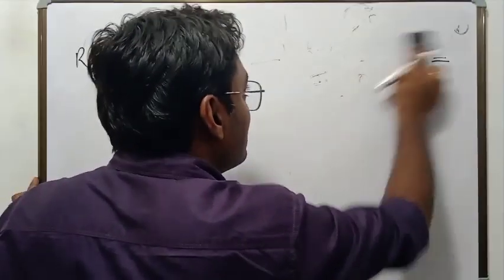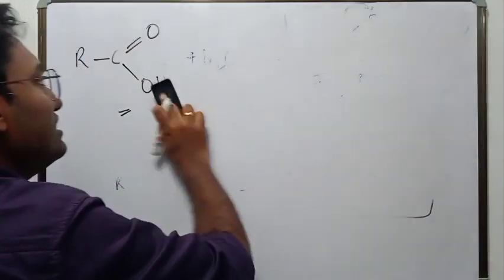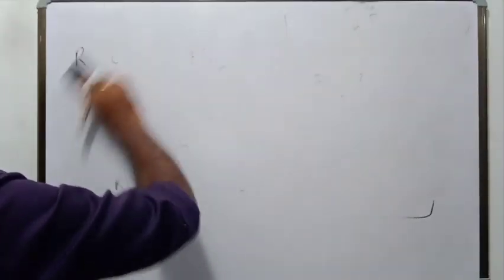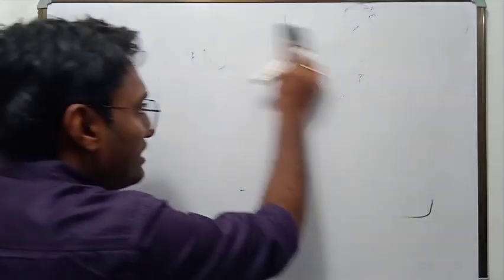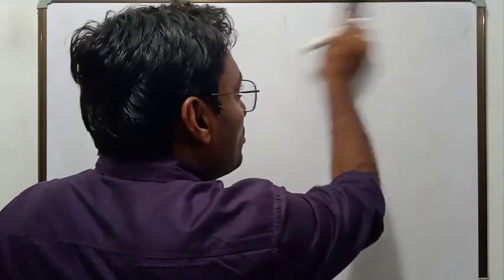There is resonance in carboxylic acid. It is a proven fact. How is it proven? X-ray diffraction measurements show that there is resonance in carboxylic acid.